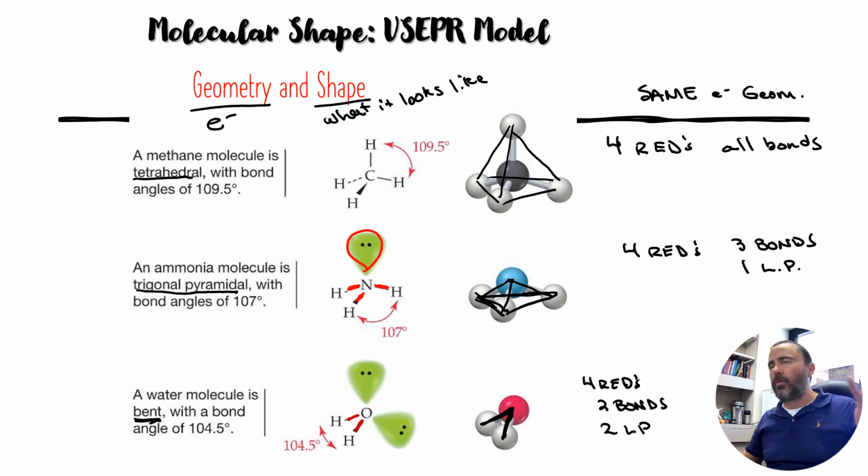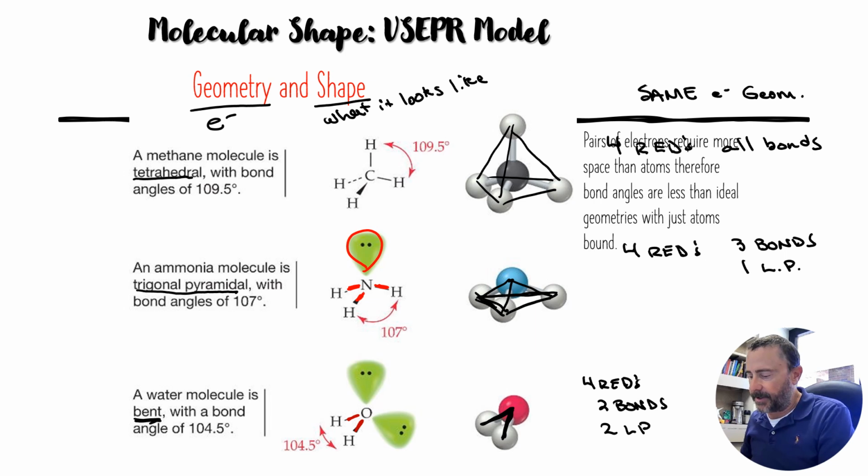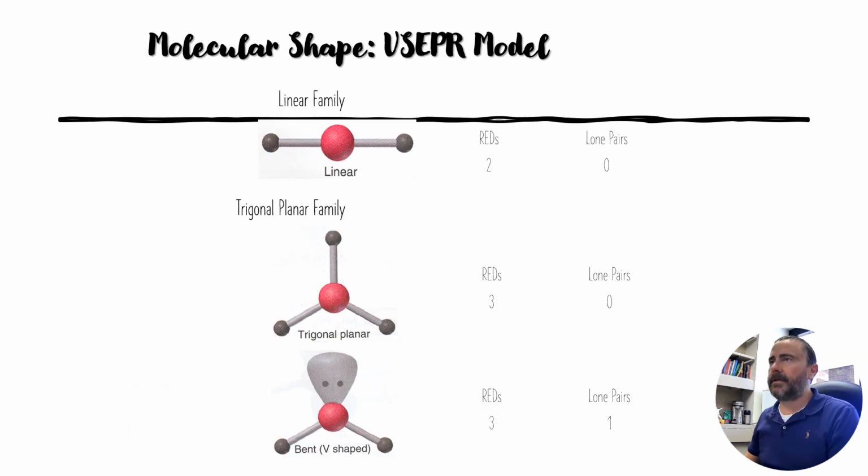Now there are all different types of shapes for different types of electron geometries. There is a linear electron geometry, where we've got two regions of electron density and no lone pairs. It's going to be linear, right?